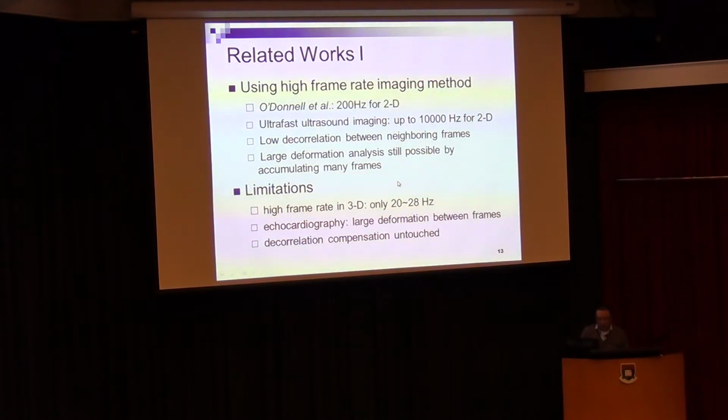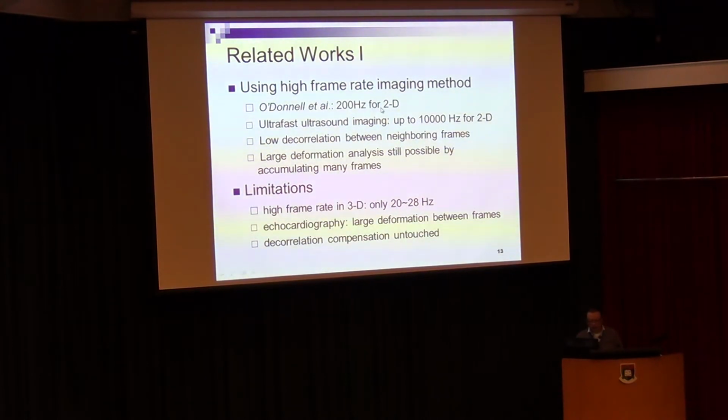Before our approach, there were people who tried to use so-called high frame rate imaging, especially the current one called ultra-fast ultrasound imaging. They can get even 10,000 images within a second, two-dimensional. Certainly, if you sacrifice some resolution in two-dimensional, you can make three-dimensional images.